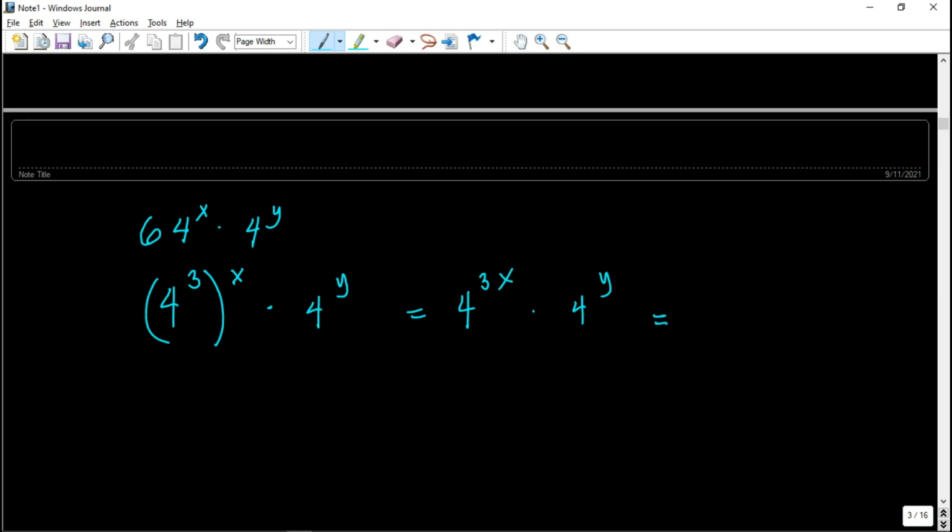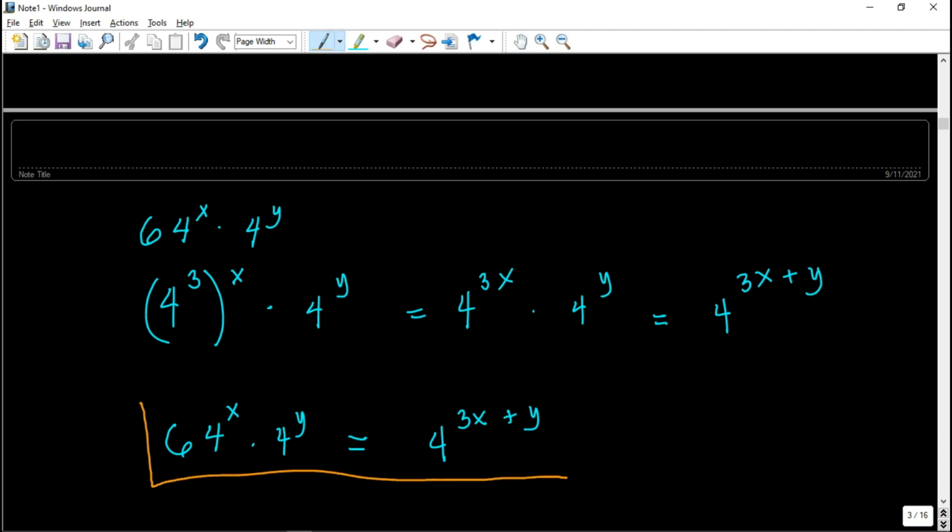So this becomes 4 raised to 3x plus y. Again, this is the final answer, 4 raised to 3x plus y. So this is now the final answer for this second problem.